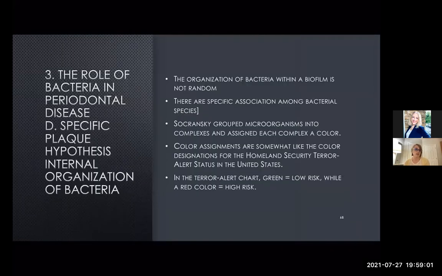And these were called the Socransky's bacteria. So organization is not random. We talked about it. Cocci, then rods, then spirochetes. Gram-positive, then gram-negative. Aerobes, then anaerobes. So there are specific associations among these species, and Socransky grouped them into complexes.